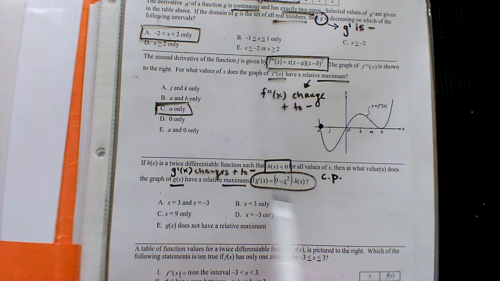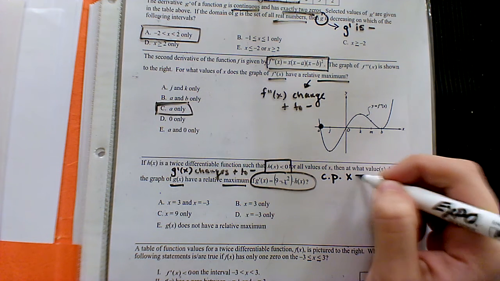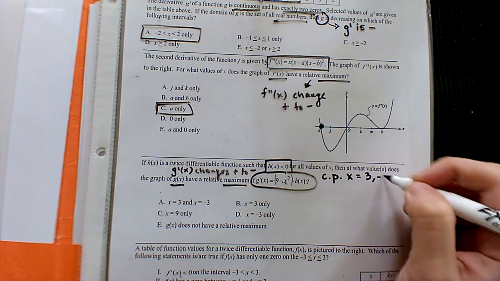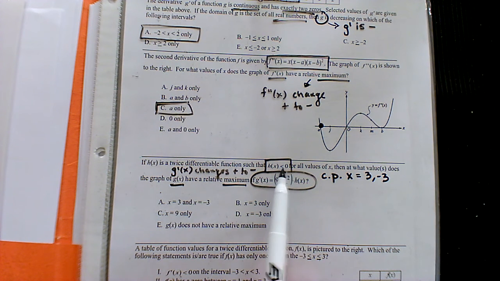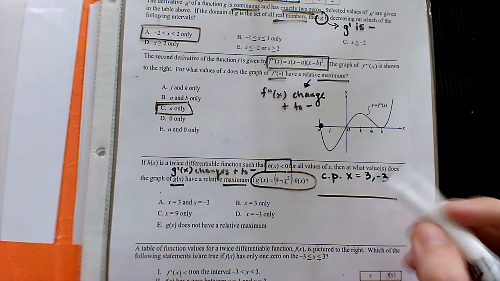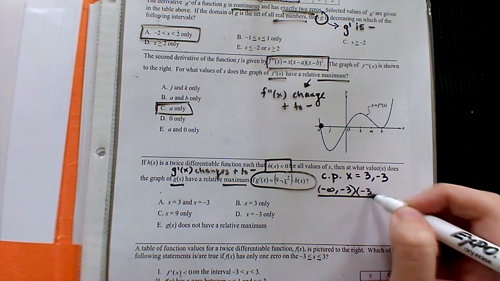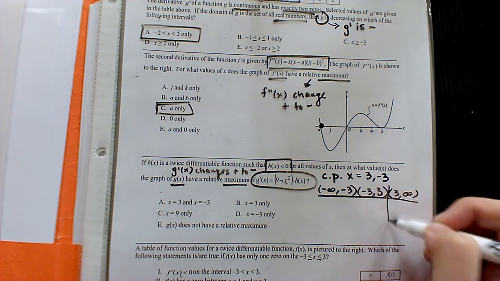Okay? If this is the first derivative, can we find the critical points where the first derivative is 0? 3, negative 3. Is h of x giving us a 0? Never, because it's always negative. All right, so let's do negative infinity to negative 3, negative 3 to 3, 3 to infinity.